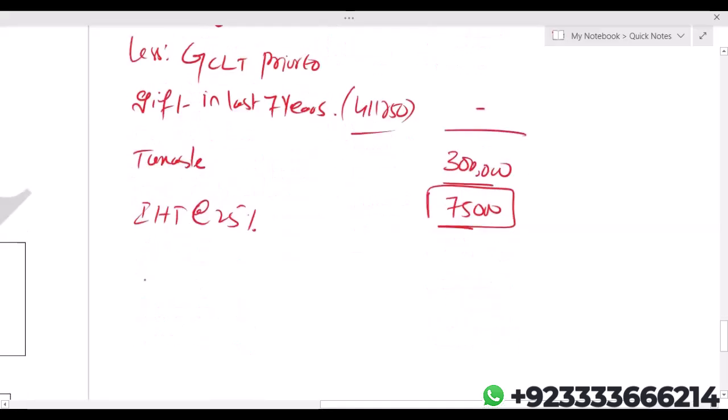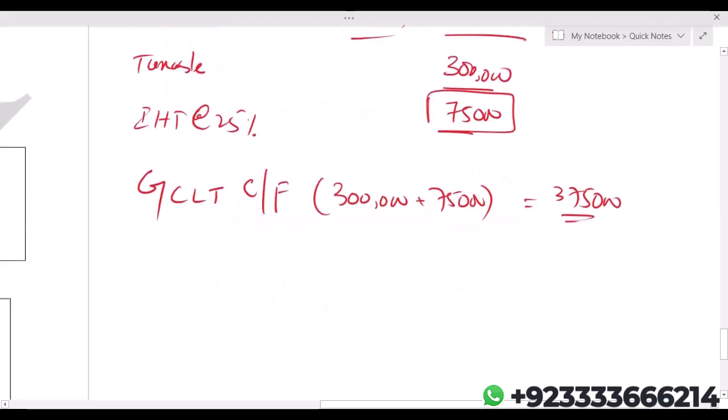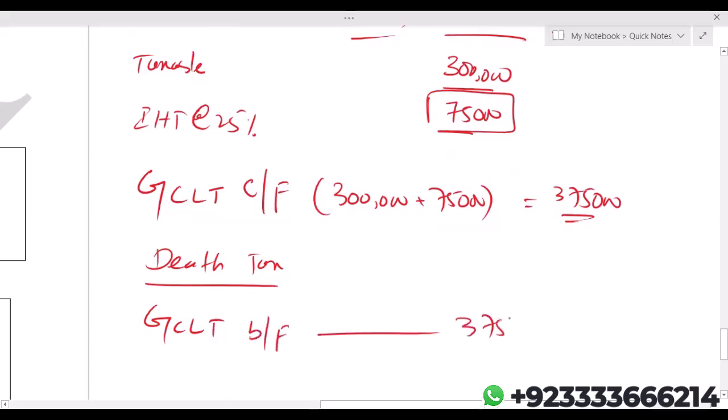Again we have to calculate the gross chargeable lifetime transfer carried forward. It will become 3 lakh plus 75,000. Now, if the donor is dead within 7 years of the second gift as well, again what happens? Death tax will come. Gross CLT now brought forward: 375.